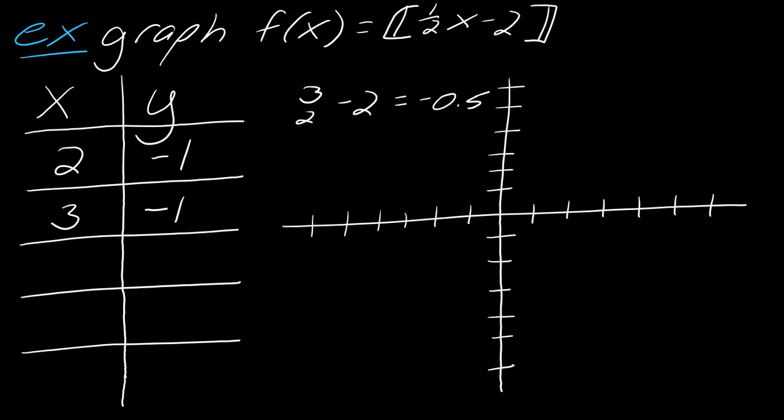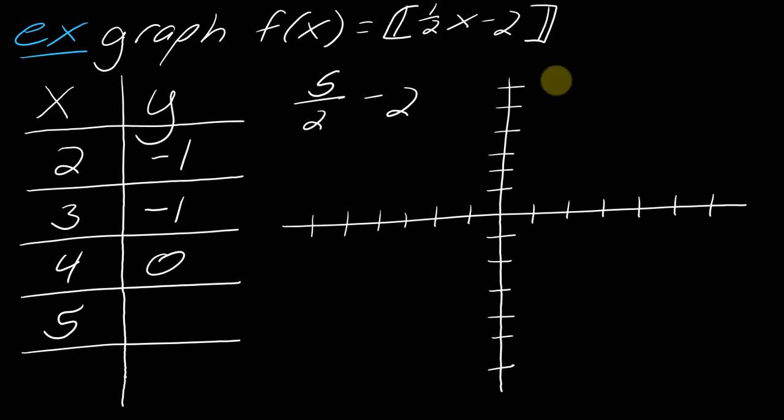Okay, so let's keep going with this. What happens at 4? At 4, I get the calculation 2 minus 2, so that gives me 0. And then at 5, I have 5/2 minus 2.